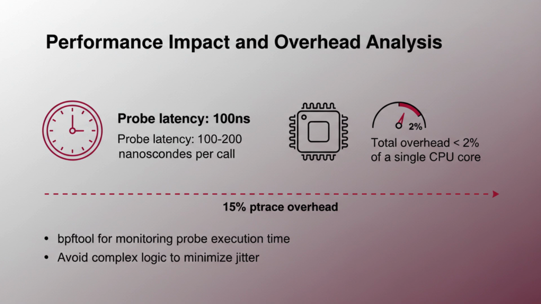In a system handling 100,000 syscalls per second, this adds up to only 2% of a single CPU core's capacity. This is significantly lower than the 15 to 20% overhead seen with ptrace-based tools or heavy application-level wrappers. We must monitor our probe execution time using bpftool to ensure we stay within our performance budget.